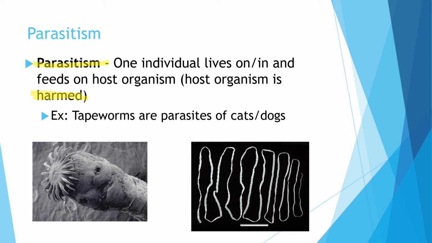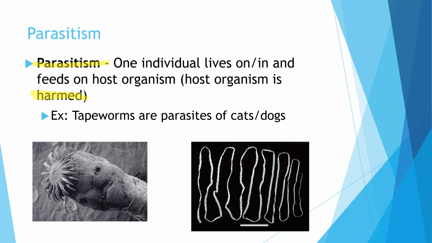The tapeworms or the parasites are going to benefit because they're taking all of the nutrients that, say, the cat or the dog needs in order to survive. And this is also obviously putting the cat or the dog at a disadvantage. It can be very harmful. It could even lead to death. So this would be an example of one organism benefiting and the other one being harmed.